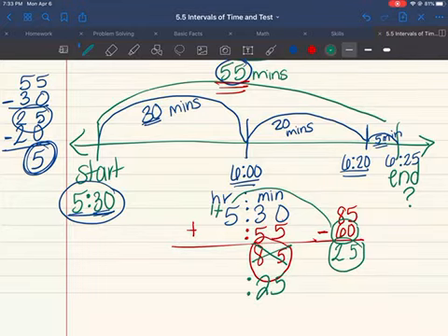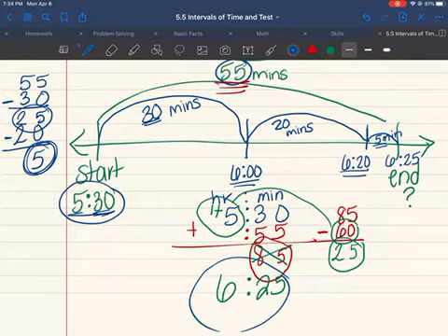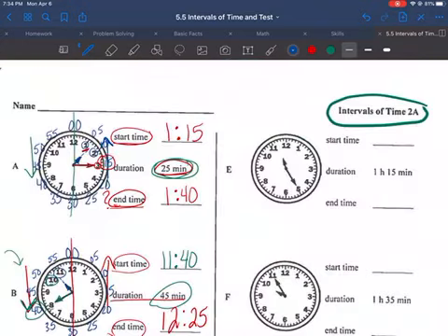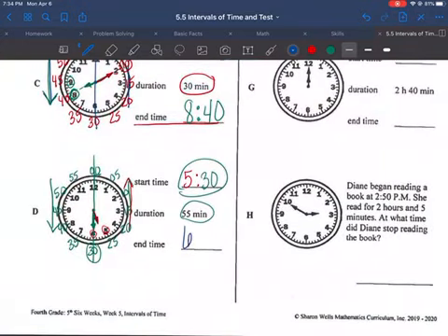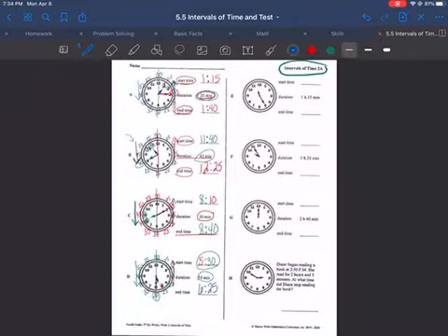So I have 25 minutes left. Remember that the 60, we transfer them or we regroup them to the hour. So 5 plus 1 is 6. Did our answers match? They sure did. So our end time is going to be 6:25.